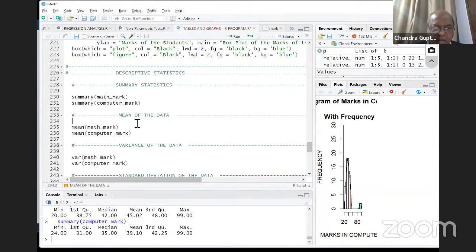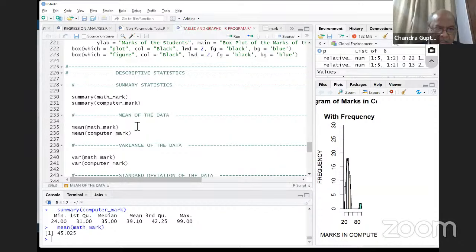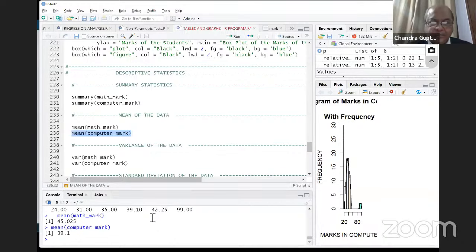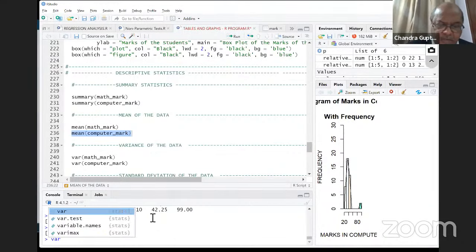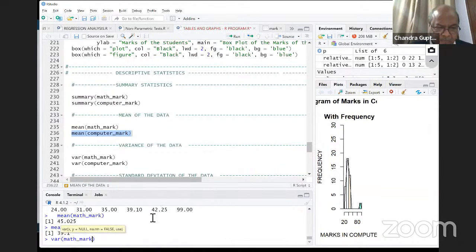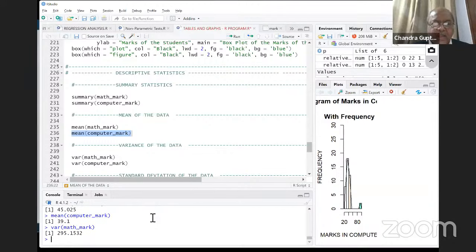So if you want the mean of marks here, mean computer marks. And if I want the variance of maths marks, that's the variance.